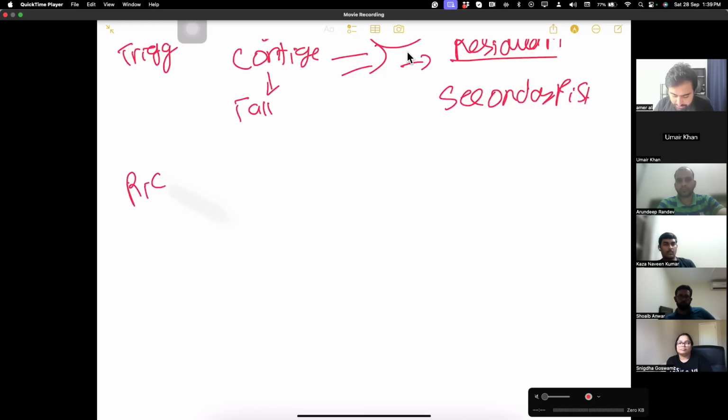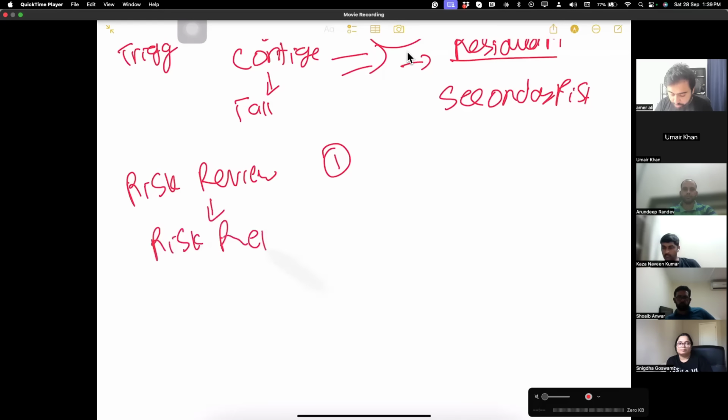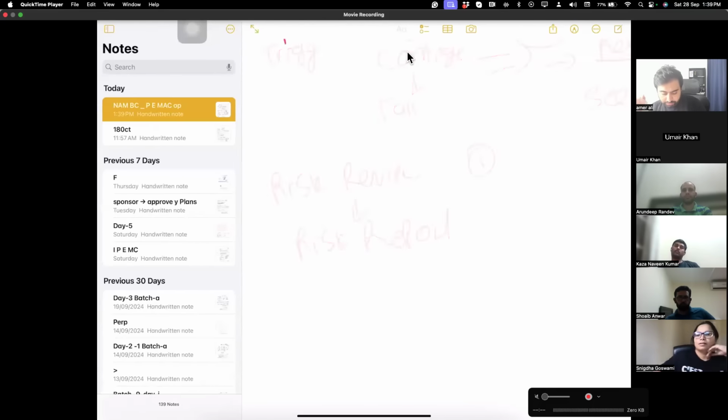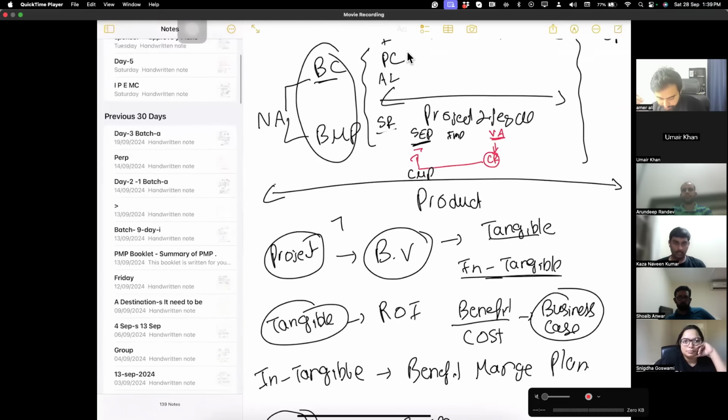We have a risk review meeting in which we check what risk has happened and what risk can happen in future. You check your reserve analysis and risk review meeting, and you generate a risk report. That's a summary report that tells you what has happened in the past week and what can happen now. That's the quick summary of risk.